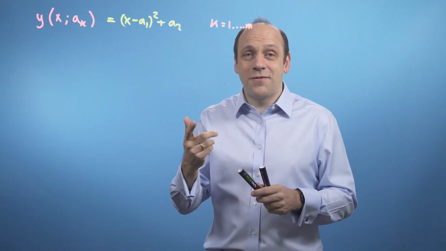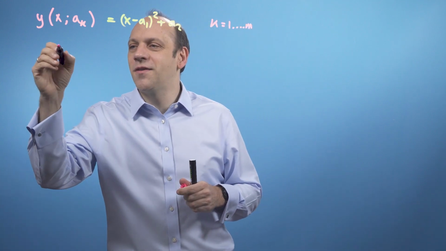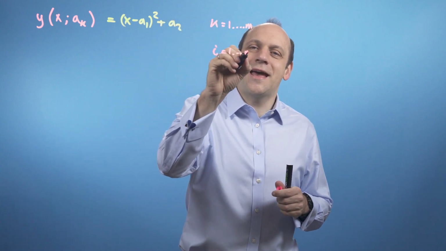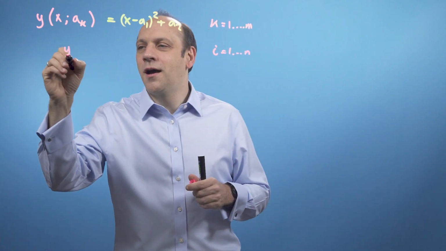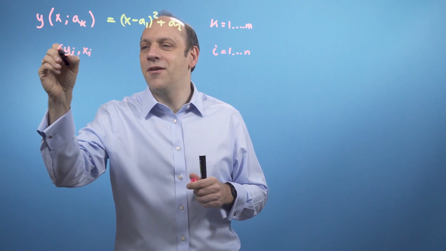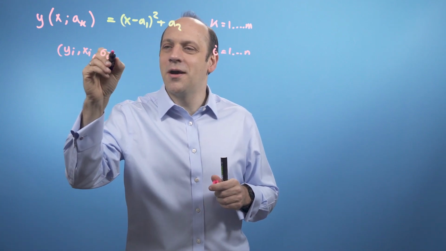Now, say I want to fit the parameters ak to some data. So I've got some data observations. I've got i equals 1 to n of them, and I've got pairs of data, yi and xi. So for every x, I've got a y. And I have an associated uncertainty, sigma i.